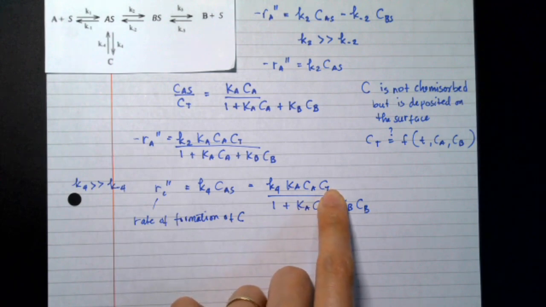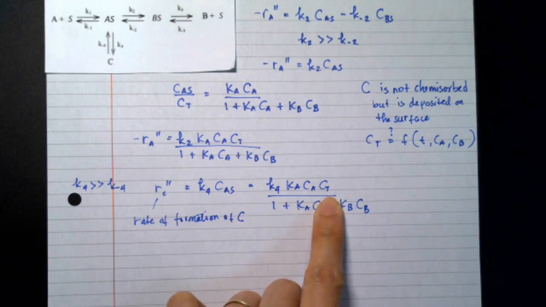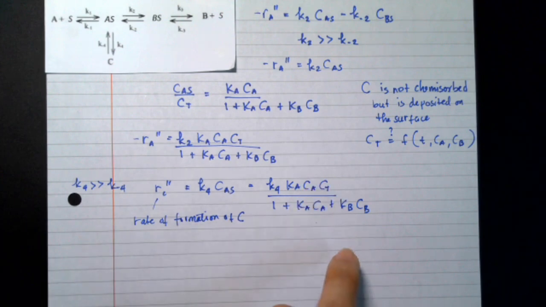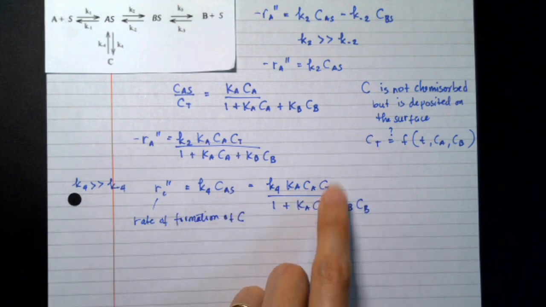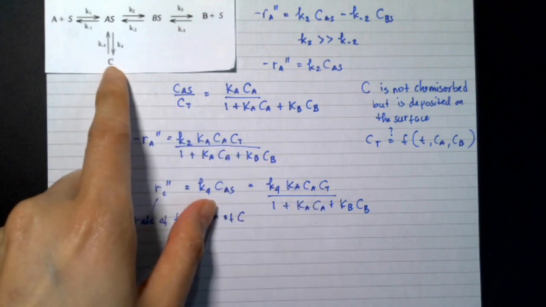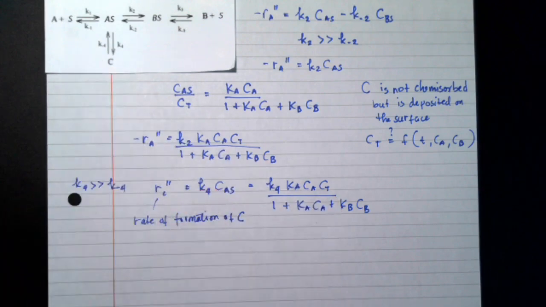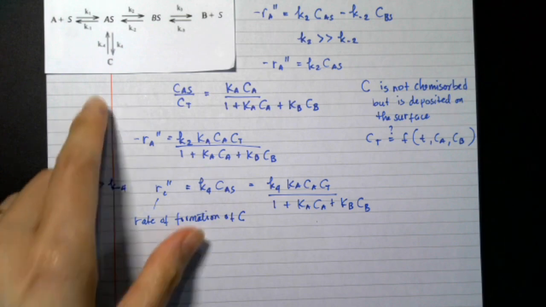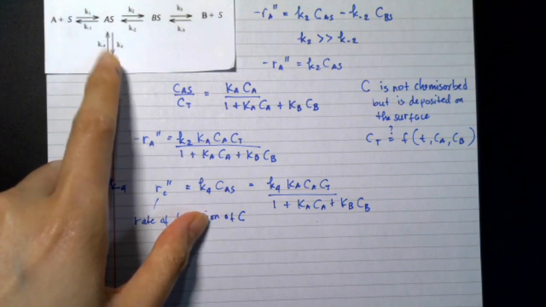So now for every mole of C formed, 1 mole of sites is permanently blocked. That means that CT, which is the total number of sites, either free, so that's S, occupied by A, AS, or occupied by B, BS, decreases as C is formed. So the rate of change of the concentration of total sites is equal to minus the rate of change in the concentration of coke.